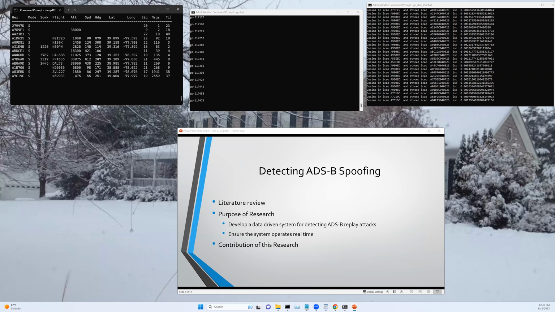In our method, in contrast to most of the others, we use a data-driven approach. The contribution of this research is using a classic data analytic approach, cosine similarity, to do real-time detection using message data.